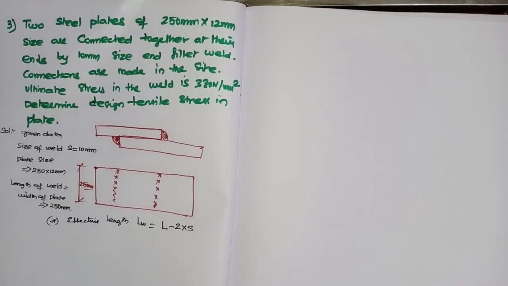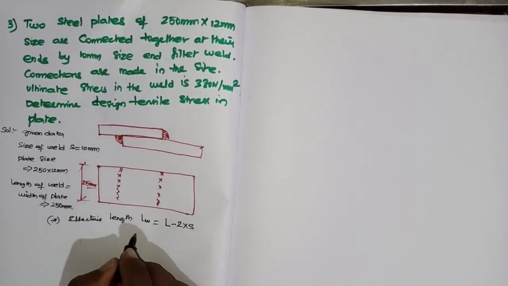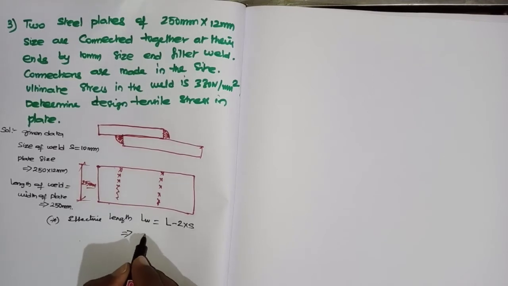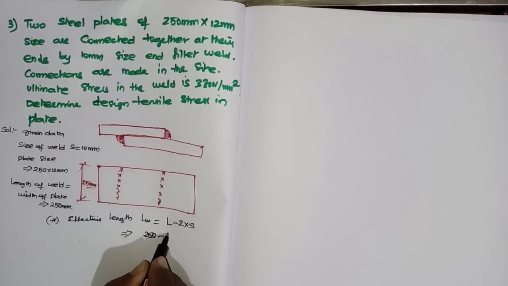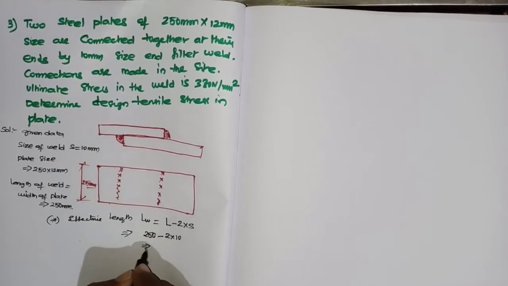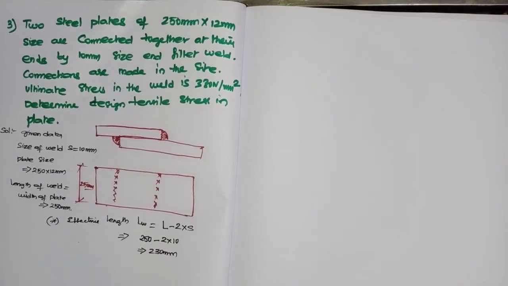It should not be less than 4 times S. That is the condition. So what is the length of the weld? 250 minus 2 into size of the weld, which is 10. So 20 means 230 mm. Now your length of the weld is 230 mm.